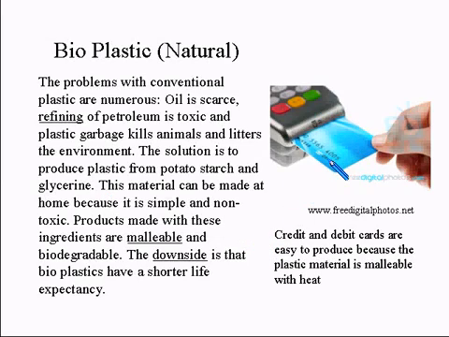You could produce this credit card out of sugar, but it's a lot of processing. Credit and debit cards are easy to produce because the plastic material is malleable with heat. In 2 slides, I'll explain malleable. Malleable just means you can shape it differently.